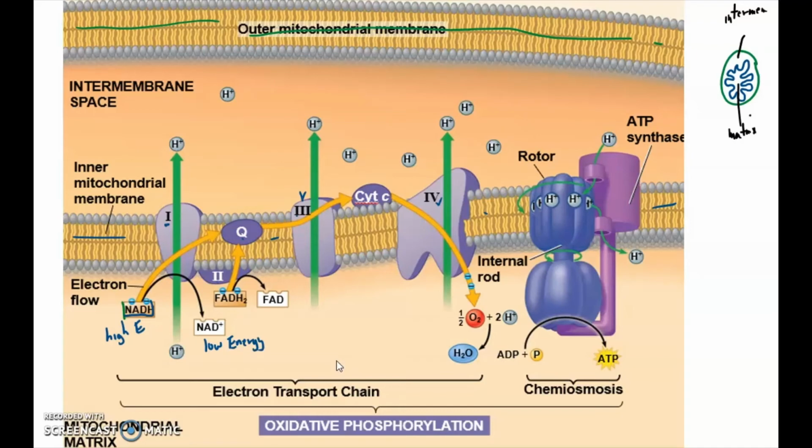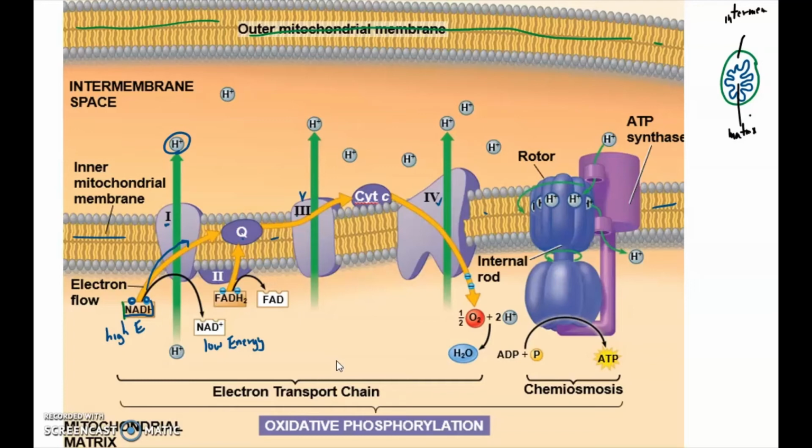And the difference is it's offloaded its 2 electrons to this protein complex 1. Okay, when it does that, a hydrogen is pumped across this membrane. So we get a proton, a hydrogen, that's pumped in.